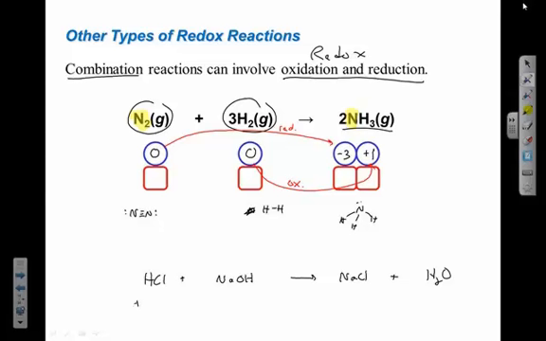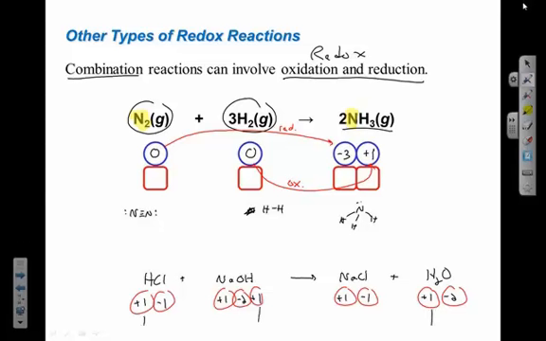So if my base happens to be an OH-, I form water and a salt. But if I calculate the oxidation numbers here for each element using the rules, using either one of the two methods, I find that none of them are changing. The hydrogen is always +1, here, here, here. It's not changing.